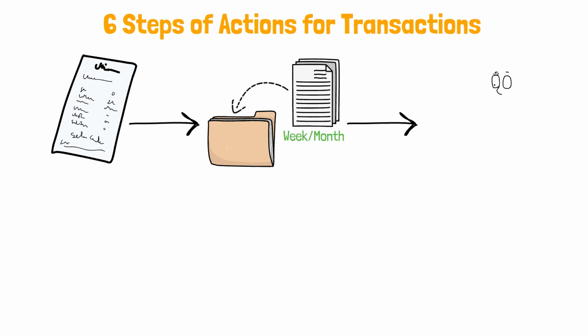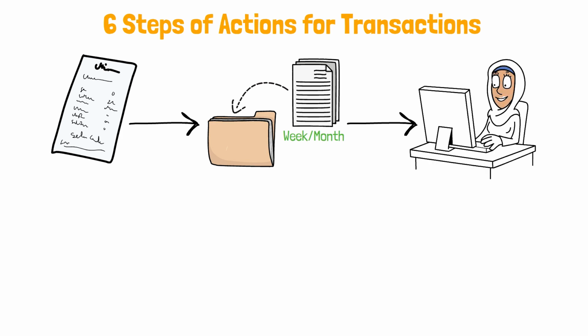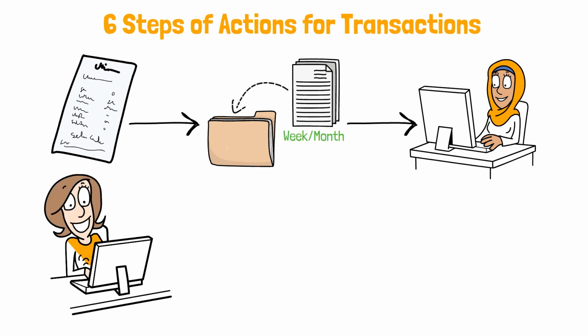Thirdly, someone has to actually enter the transaction into the bookkeeping system. That is, if they are not already there. Now, once entered, the 4th step of the finance process is that the transactions need to be properly categorized into the proper accounting buckets. The 5th step is reporting.